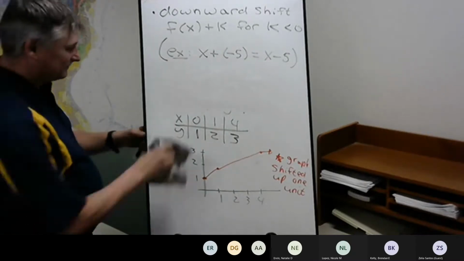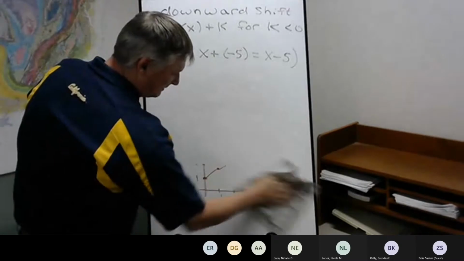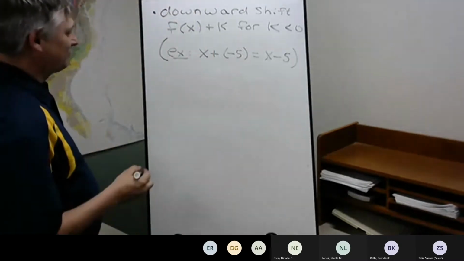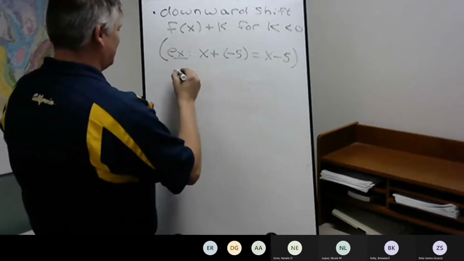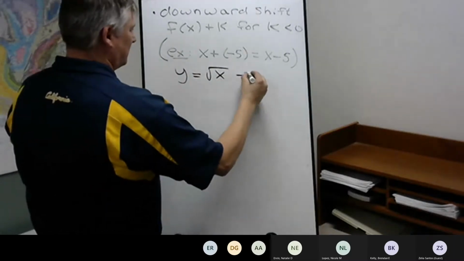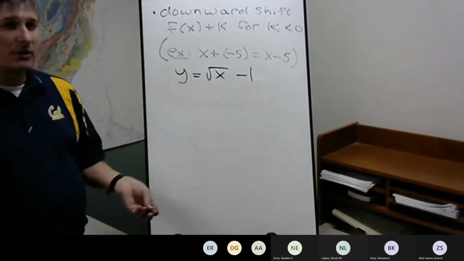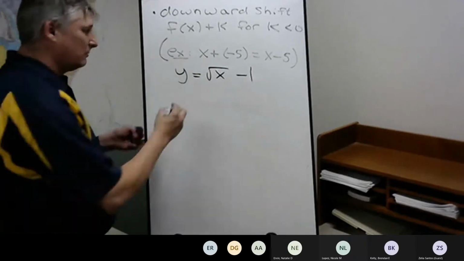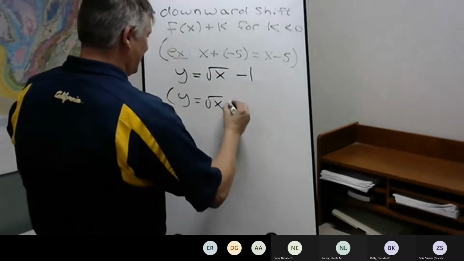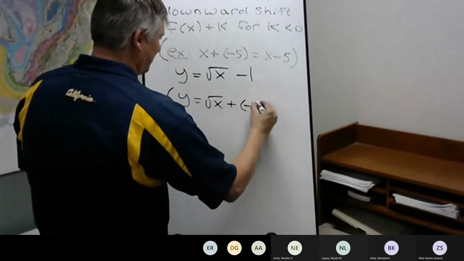So let's say we do this. Y equals square root of x minus 1, which is the same as y equals square root of x plus negative 1.